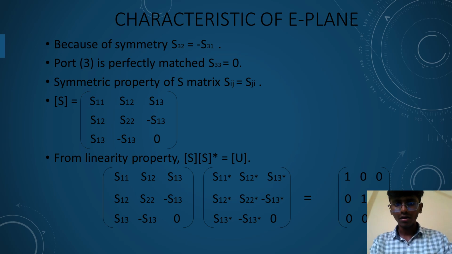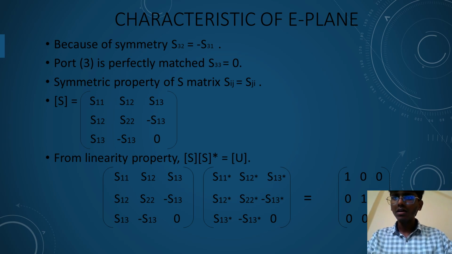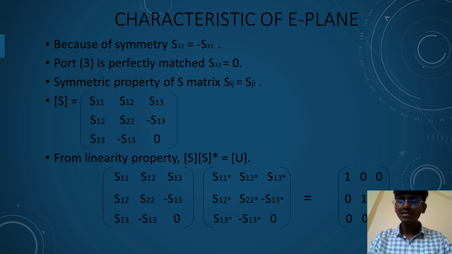Symmetric in the sense Sxy is equal to minus Syx. It's the basic index for the symmetric property. From that property we are showing here S32 is equal to minus S31.